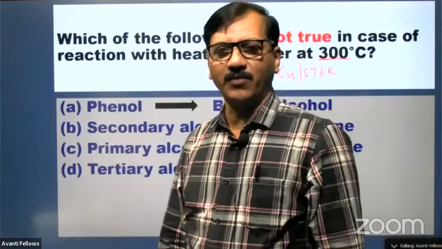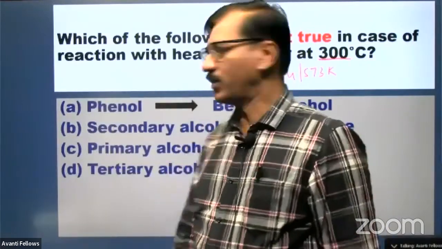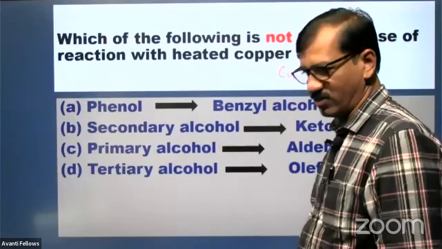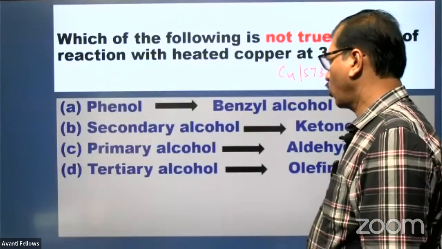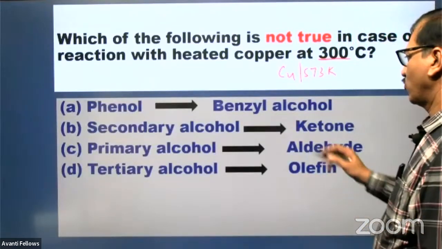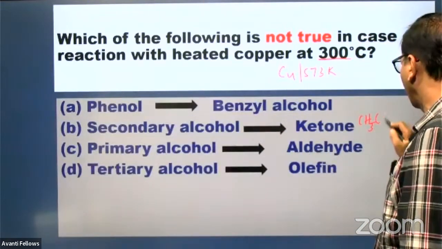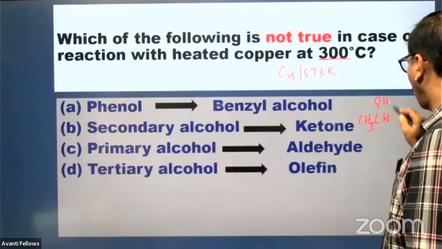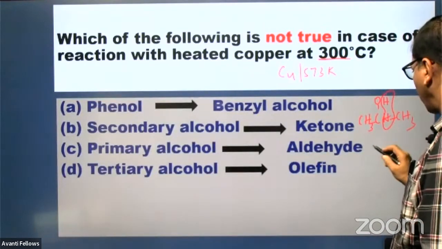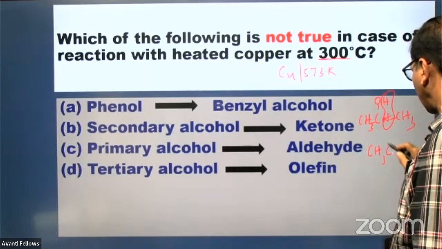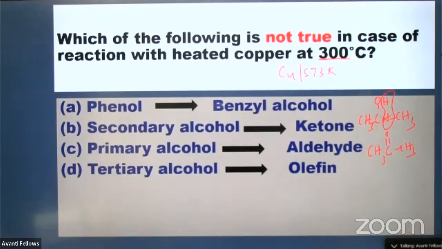It is a reagent used for removing hydrogen from alcohols. It is a dehydrogenating agent, copper at 573 Kelvin. Secondary alcohols, for example, on removal of this hydrogen become ketone, CH3, C double bond O, CH3.